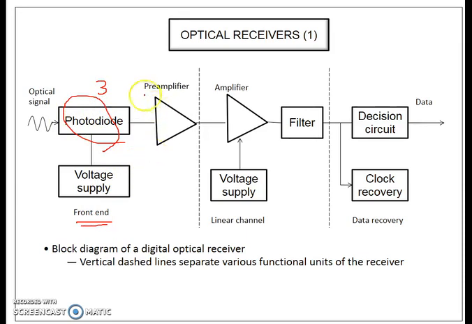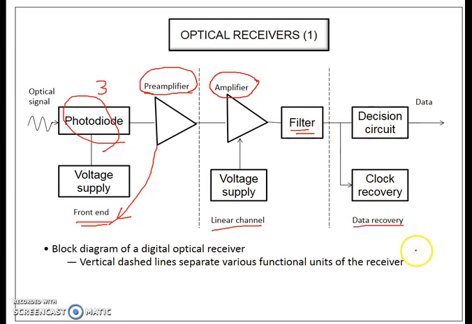Then we have the preamplifier. The preamplifier also depends on the front end. Whether we use trans-impedance or high impedance front end will affect the choice of preamplifier. And then we have the linear channel, which has another stage of amplifier, and then a filter to filter out the noise from the circuit.